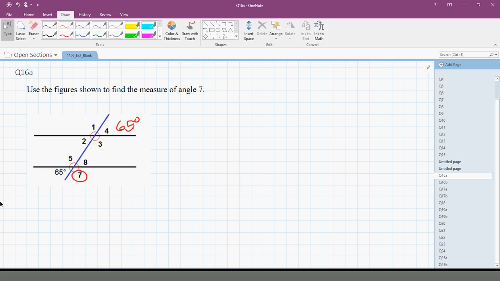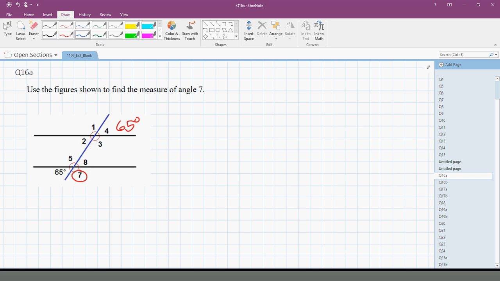So how does that help us get to number 7? Because your goal is number 7. Okay. So I wouldn't have jumped there, but that's fine, because that's something that you see.